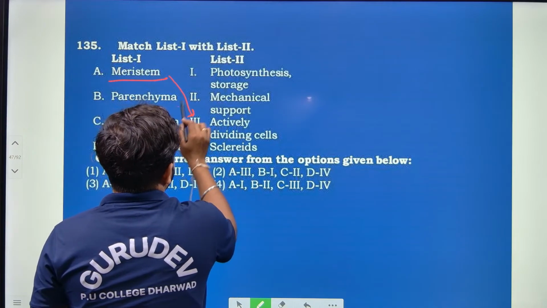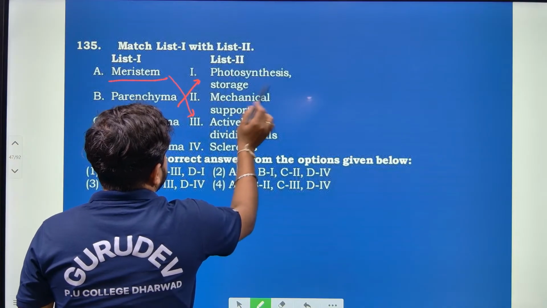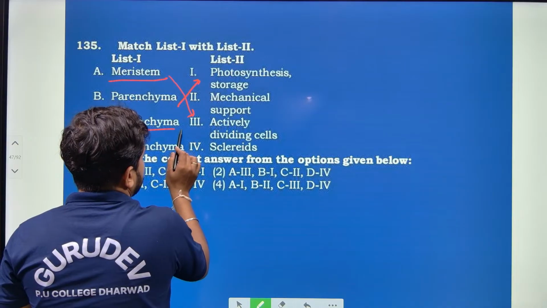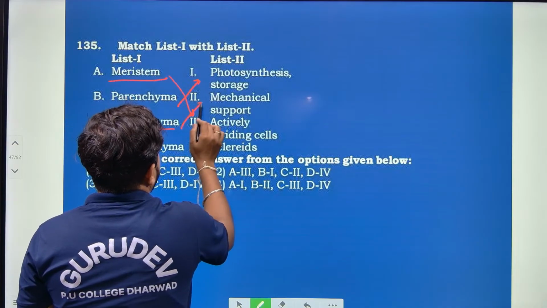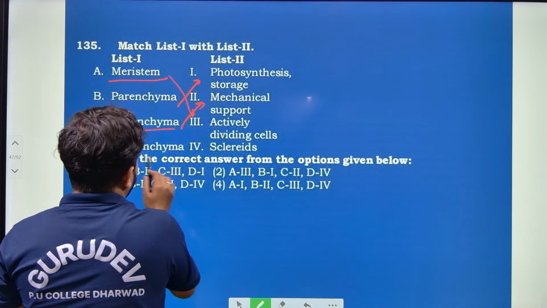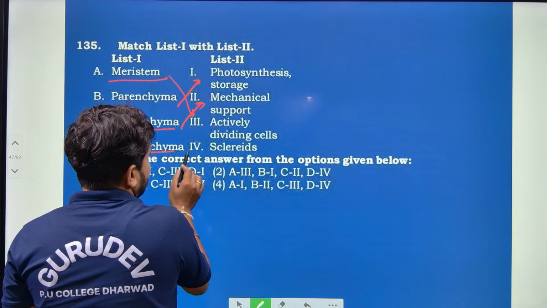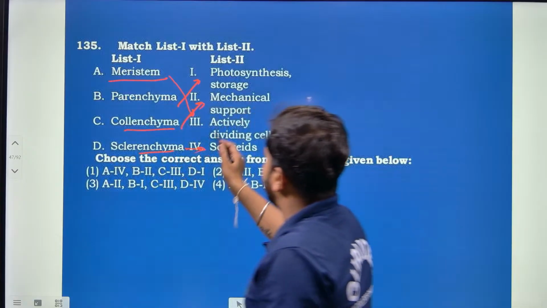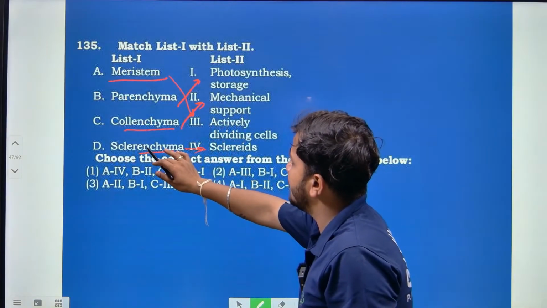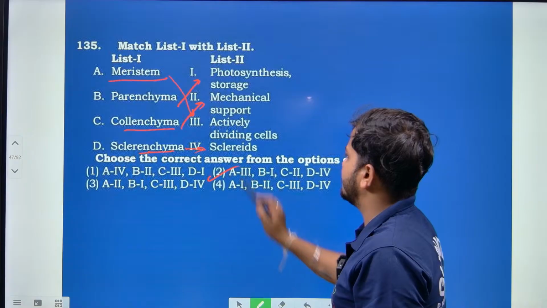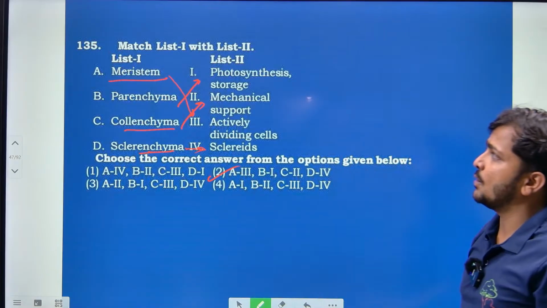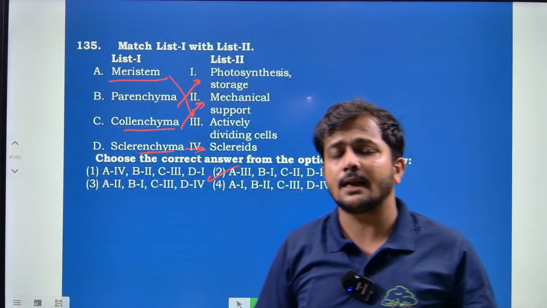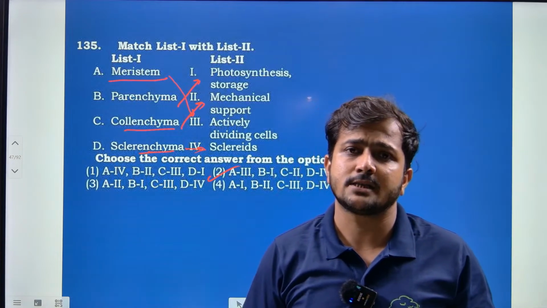Parenchyma is related with photosynthesis and storage. Collenchyma is related with mechanical support, right? And sclerenchyma is related with sclerites. Even though sclerenchyma provides mechanical support, the correct match is option 2, right? So that's all about the botany part of this mock test 4.